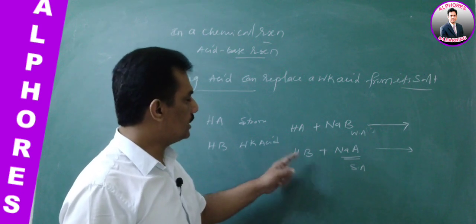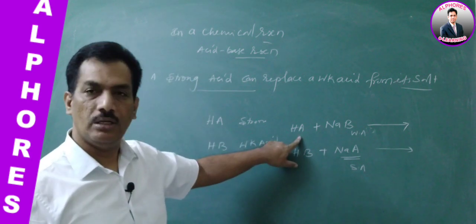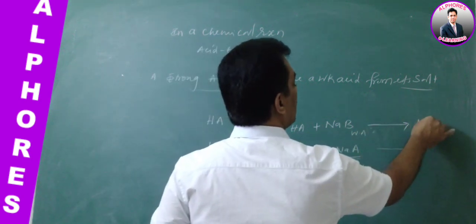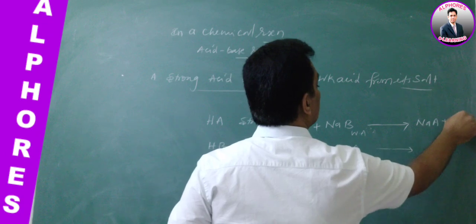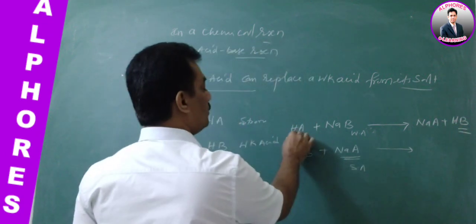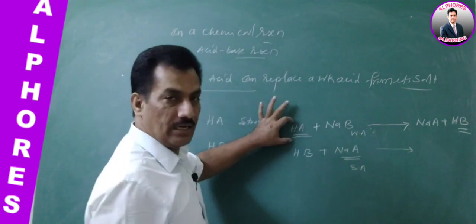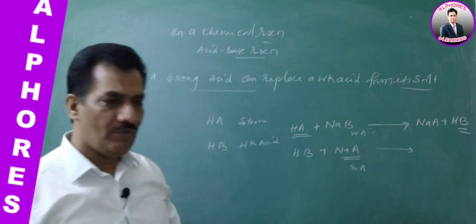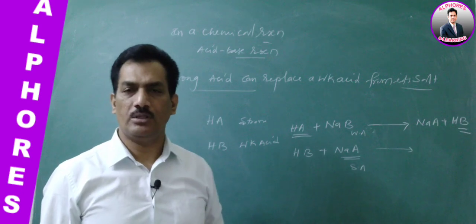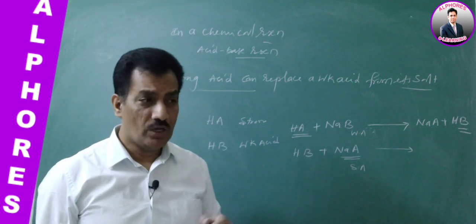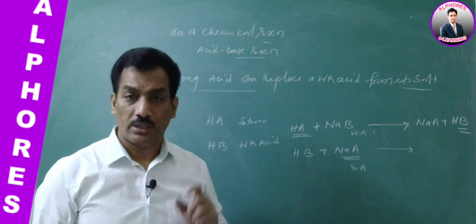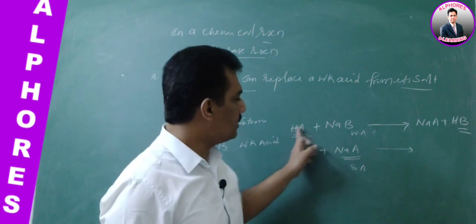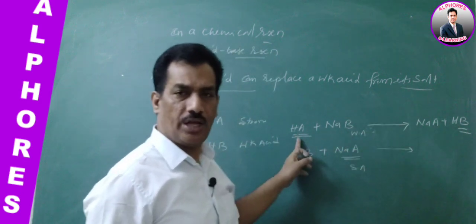That is, HA is a strong acid, it can replace the weak acid from its salt, and thereby it forms NaA plus HB. Just compare the reactant acid and the formed acid, because nowadays competitive examinations ask which of the following reactions is feasible. Such types of questions they are generating. That's why you compare these two: the formed acid and the reacting acid.